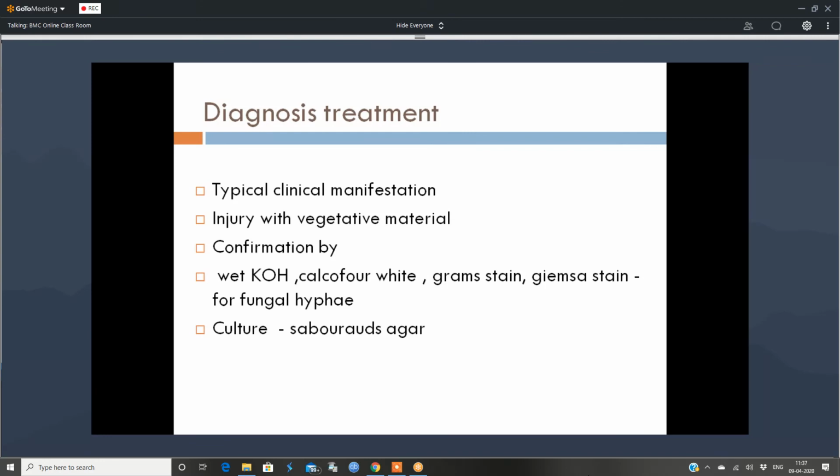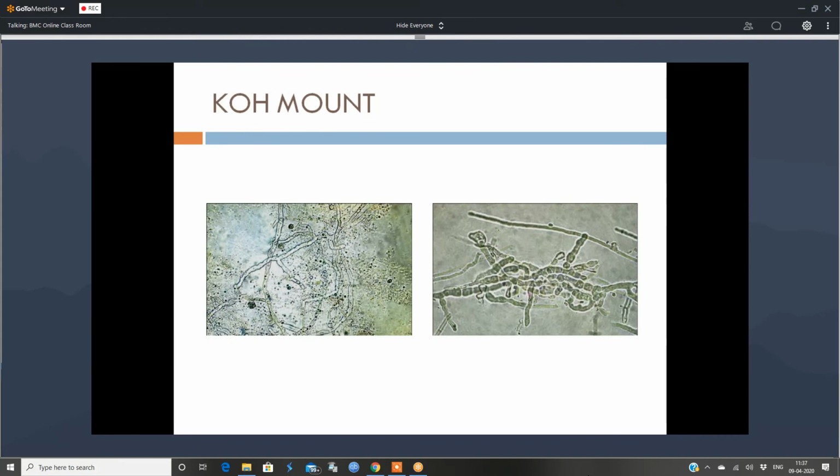Here, we have to see it under a KOH mount, or you can use calcofluor white stain. And for culture, we use Sabouraud's dextrose agar. Can you see the picture here? This is a KOH mount showing large fungal hyphae on either side.